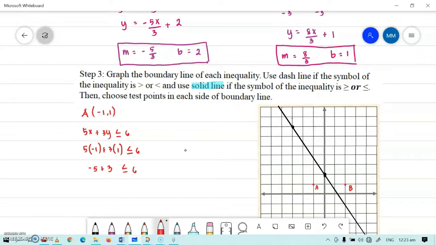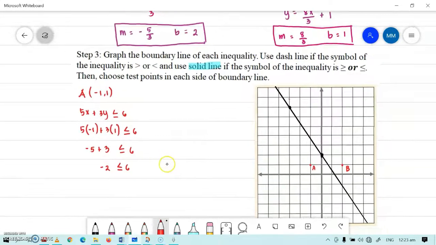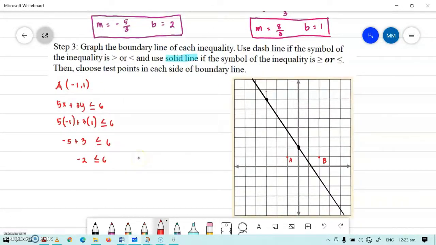Negative 5 plus 3 is negative 2, is less than or equal to 6. Now, is negative 2 less than or equal to 6? Okay, negative 2 is less than 6. So meaning to say, test point A satisfies the first inequality. So this is true.